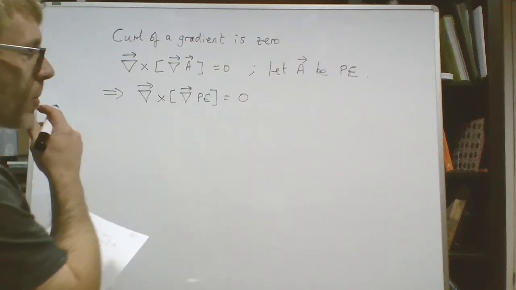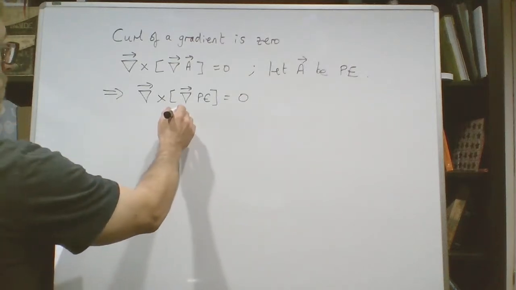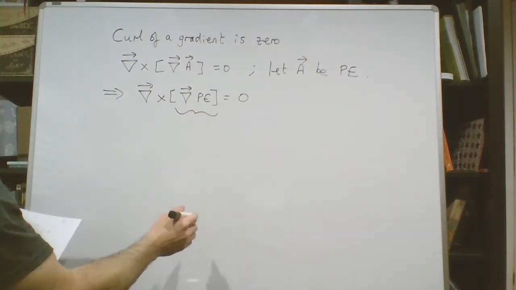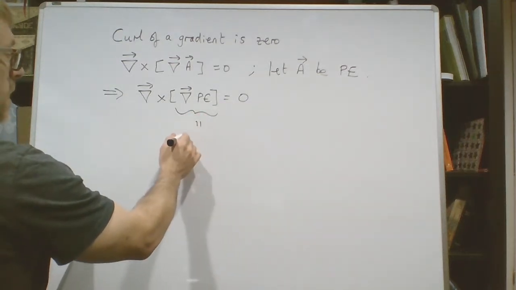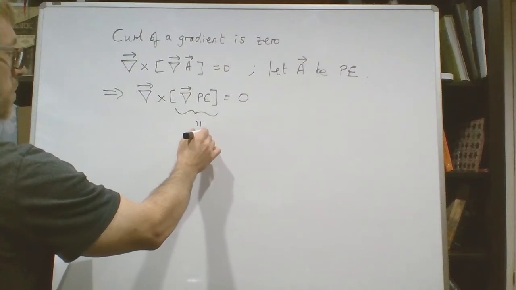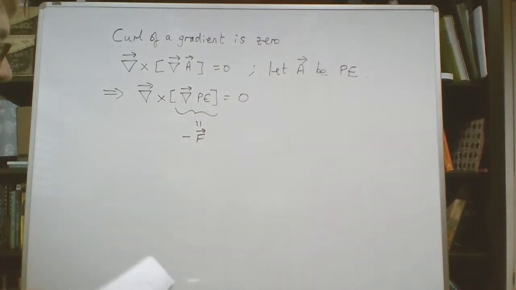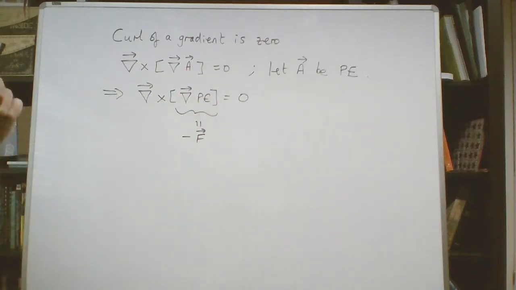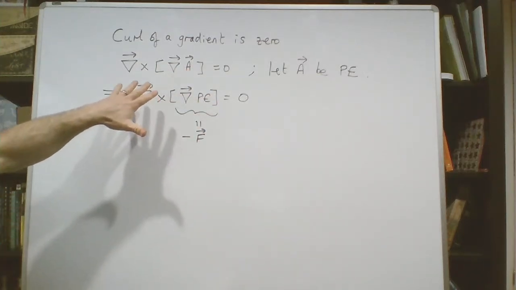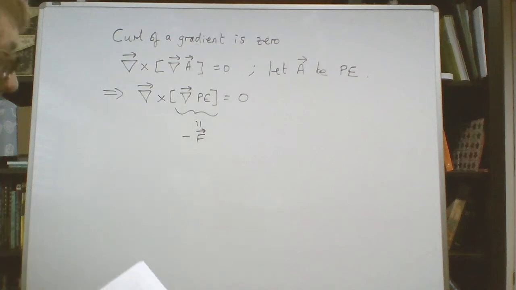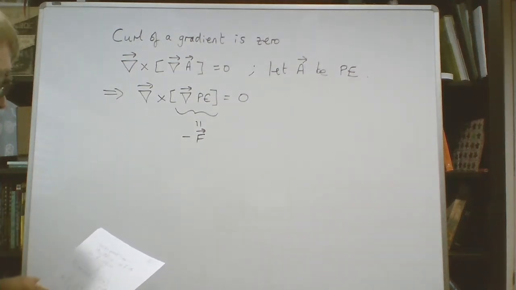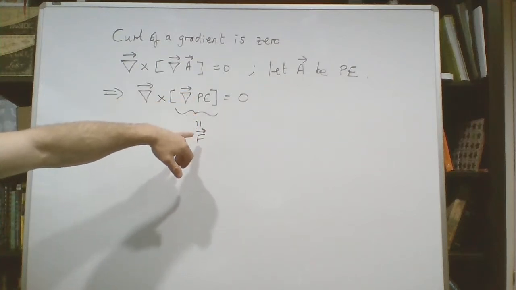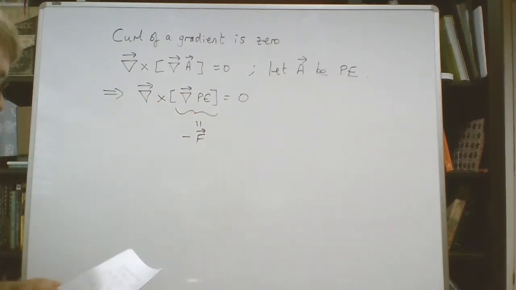And we know from previous videos and just from first principles that the gradient of potential energy is a minus force. And so our interpretation of this statement is that the curl of this change in potential energy is zero. The change in potential energy, or the gradient of the change in potential energy, is a minus force.